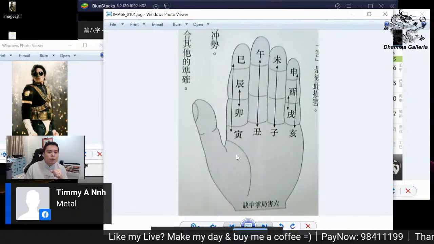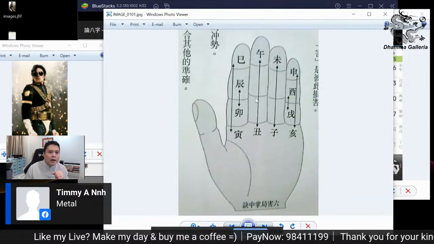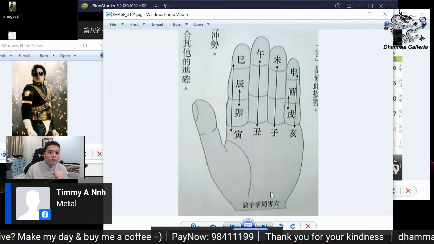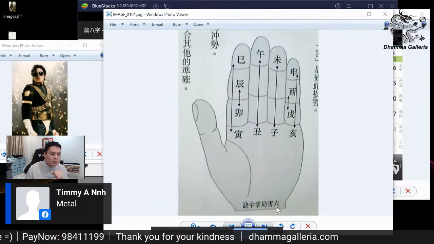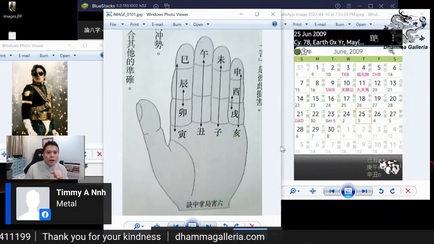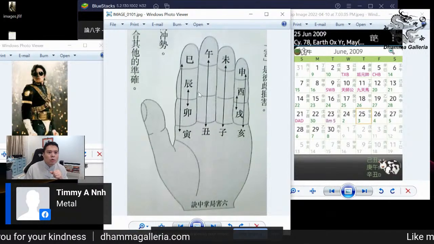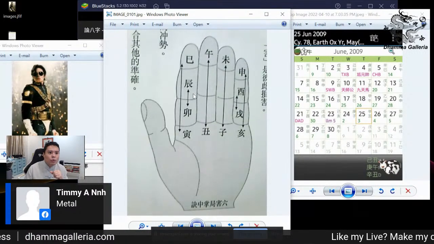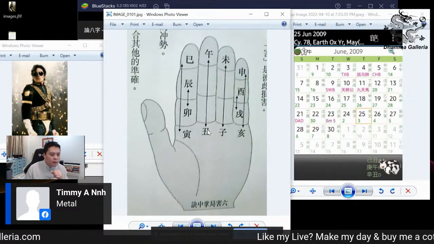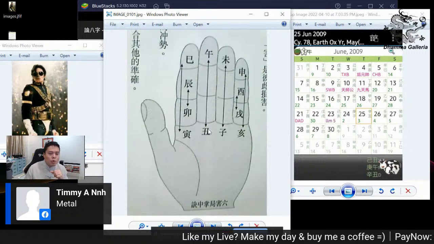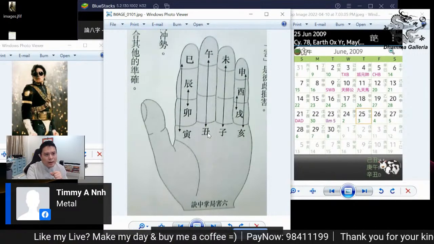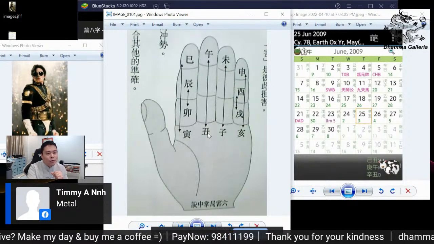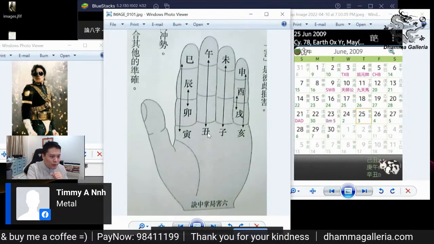Earlier on, I have taught you that Chou and Wu form a harming relationship. You're able to see this chart, right? Chou, Wu form a harming relationship. Therefore, it means that on that day he will be harmed in some way, and due to this harm, he will die and be buried, or have to be buried subsequently.